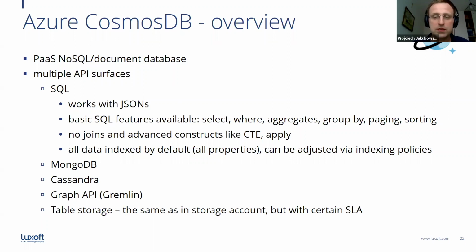And all the data, all properties of the stored JSON documents, are automatically indexed, so you can quickly and efficiently search for anything. And this can be adjusted through indexing policies, because sometimes it might not be the optimal way, as it consumes space.